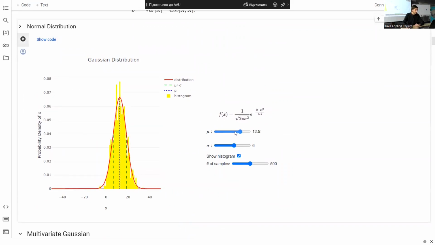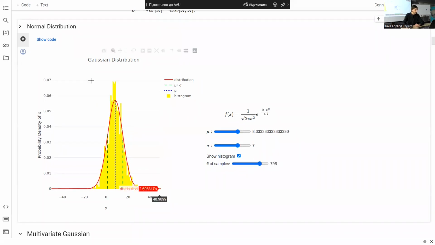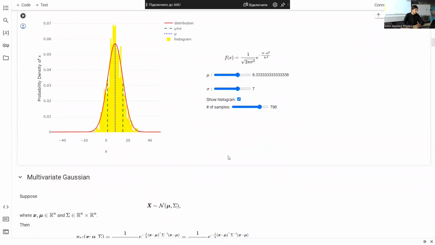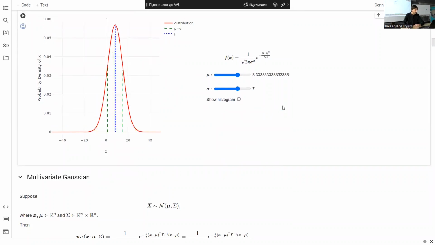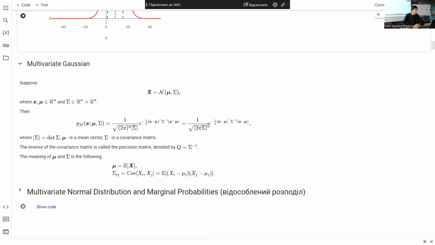I can change the parameters mu and sigma and get different distributions. You see the histogram here. Depending on the number of points that I use, it is more or less similar to the distribution that I expect. So that basically depends on the number of points that I have. Without it, everything looks quite nicely, smooth and nice.